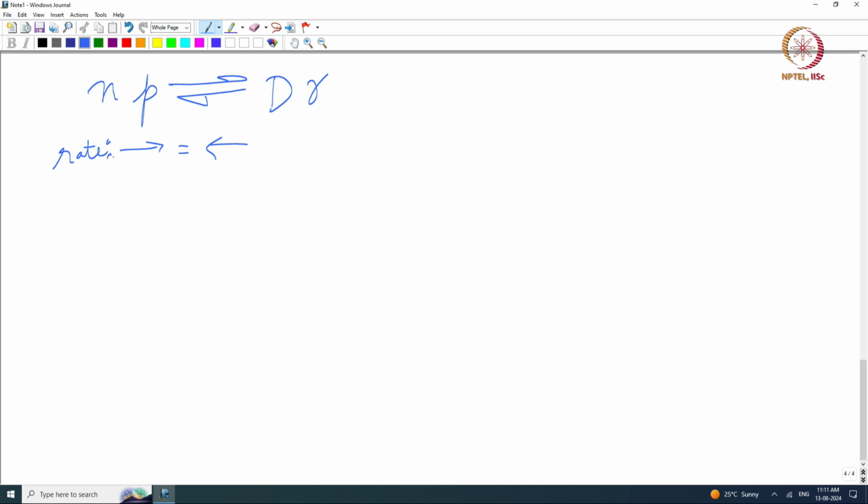What is this called in physics? If you have taken a course in thermodynamics or statistical physics, this is called detailed balance. Under equilibrium conditions, these two rates are seen to be equal.